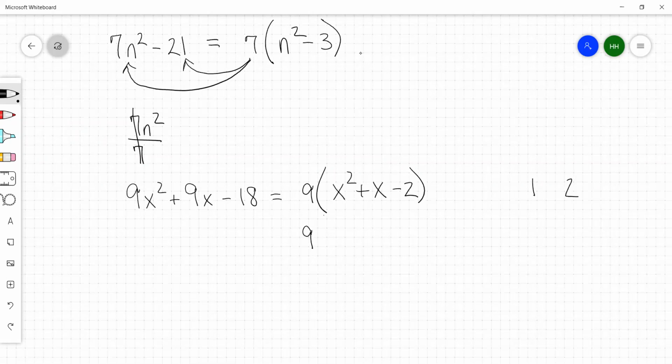So in factored form, we got 9 times x plus 2 times x minus 1. Positive 2 minus 1 gives you positive 1. Positive 2 times negative 1 gives you the negative 2.